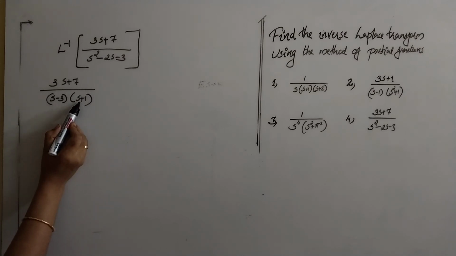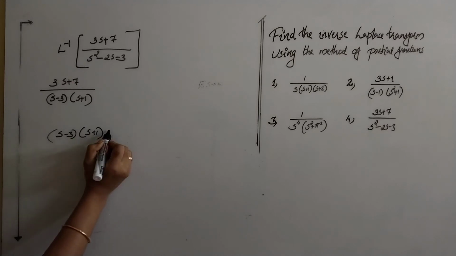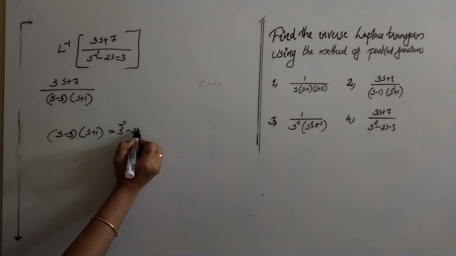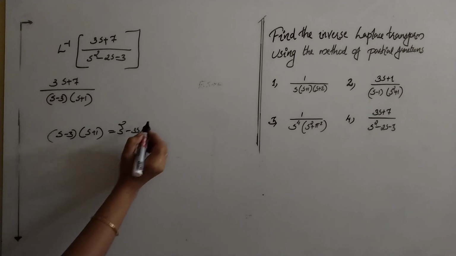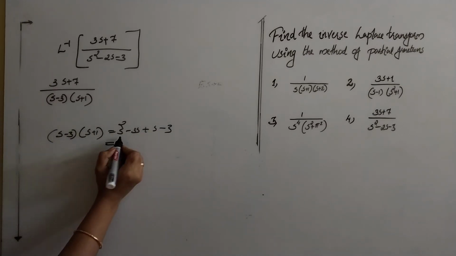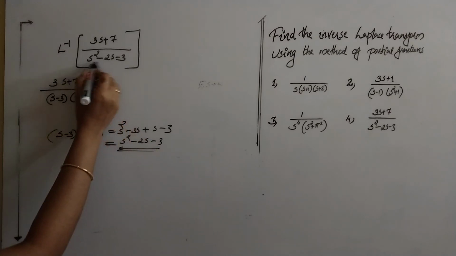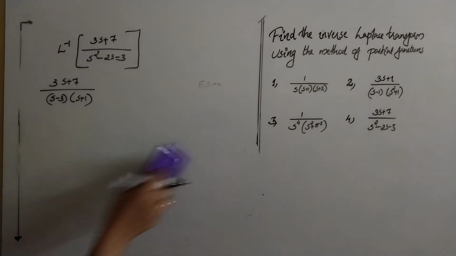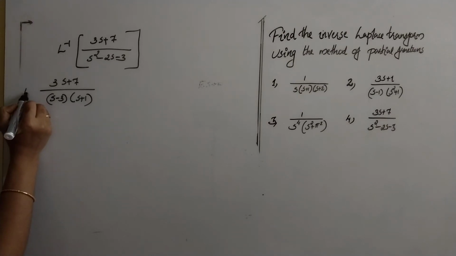S minus 3 into s plus 1 is what? s square minus 3s plus s minus 3. Just open the bracket. Then we get s square minus 2s minus 3. So we can change s square minus 2s minus 3 into s minus 3 into s plus 1.